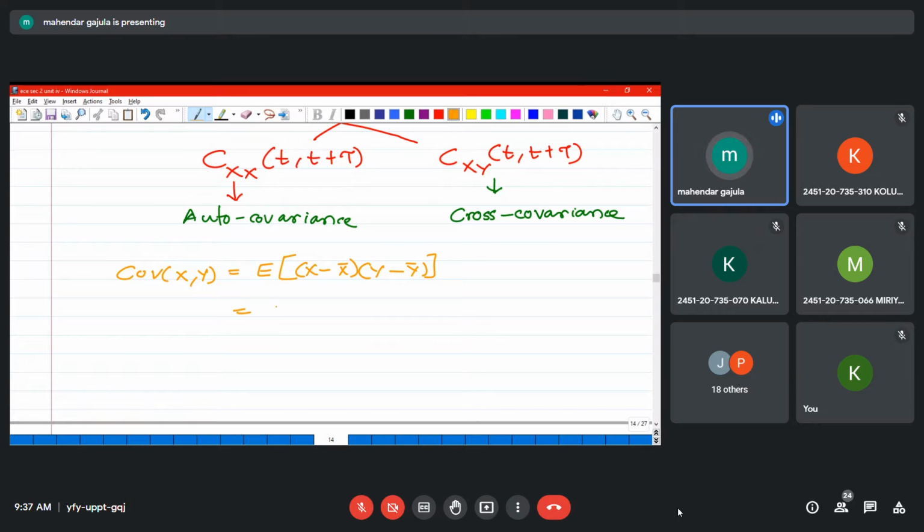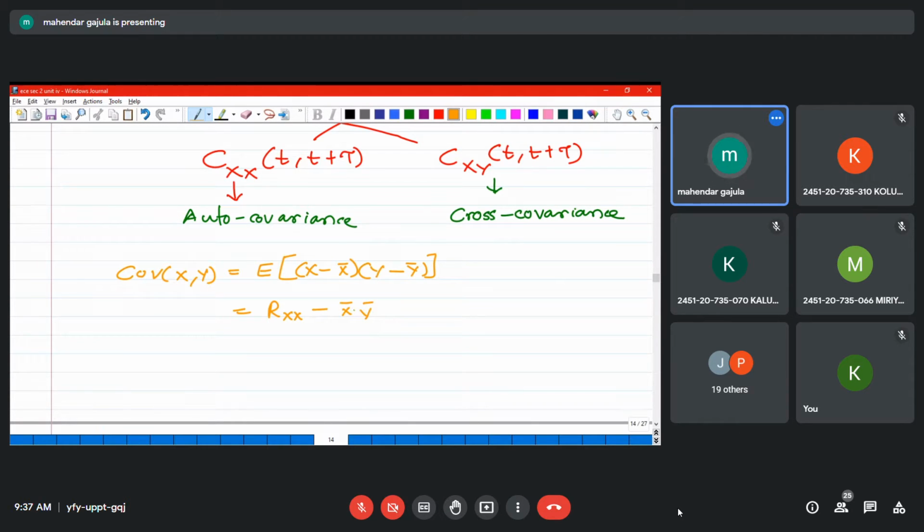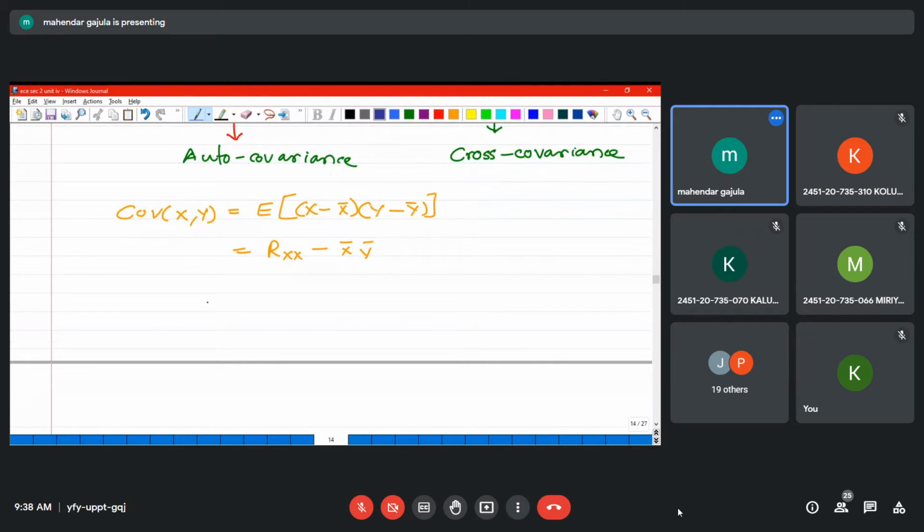On solving this, we get R double x minus x bar y bar. This we have seen in random variables. Now I'm going to write autocovariance for random processes.